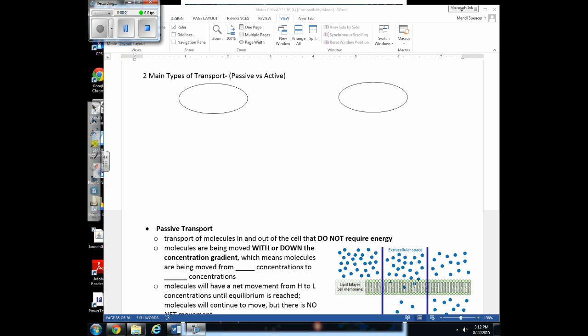And you have 6 to choose from. There's diffusion, osmosis, and facilitated diffusion.